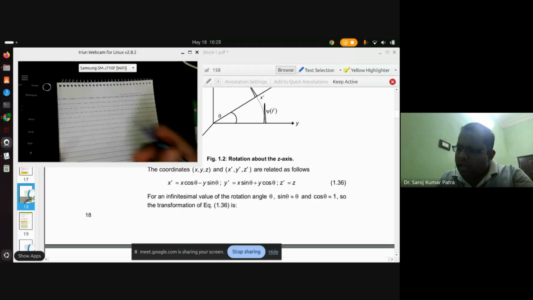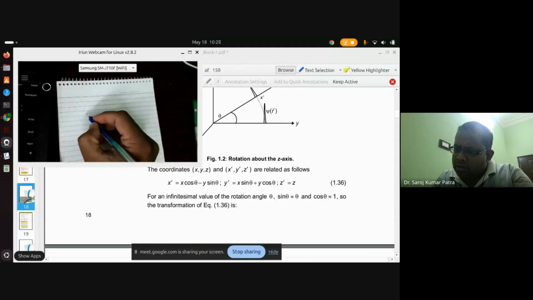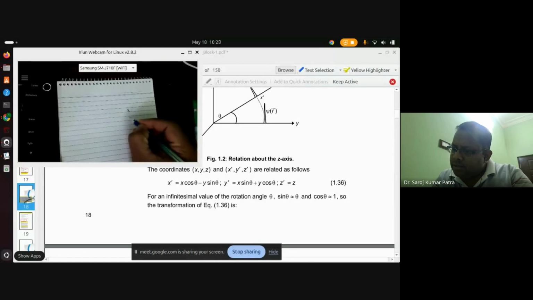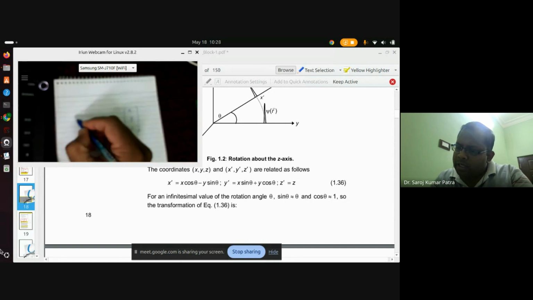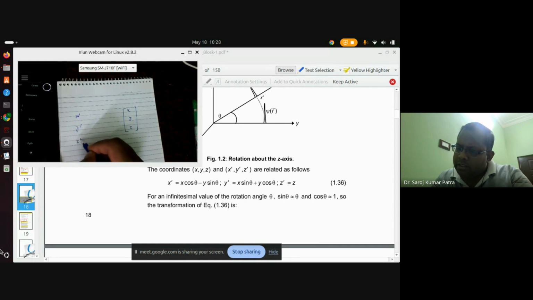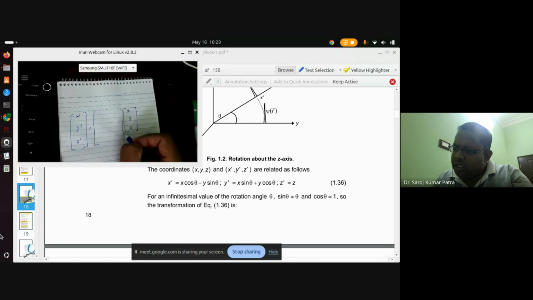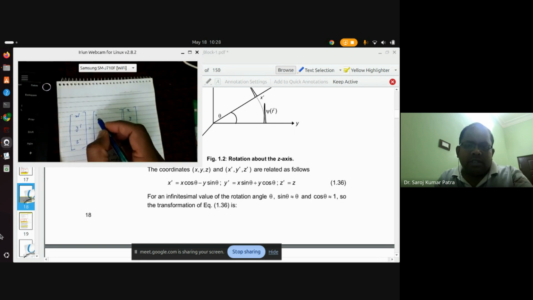So if I have a system, let's say x, y, and z, and if I am making a transformation to x prime, y prime, and z prime, then what we have to do is basically use a rotation operator. If it is a rotation about the z axis by an angle theta, then what will be this matrix?